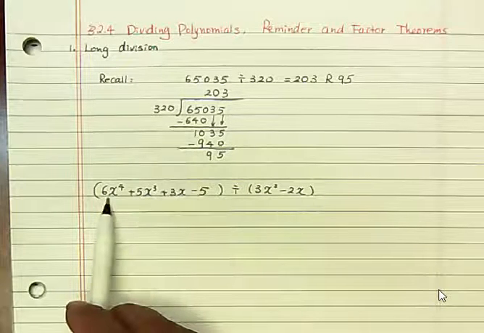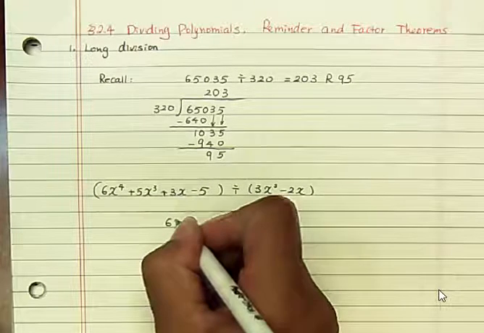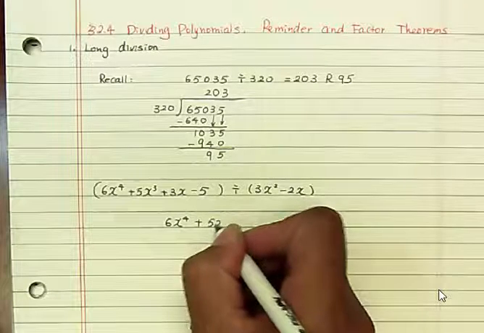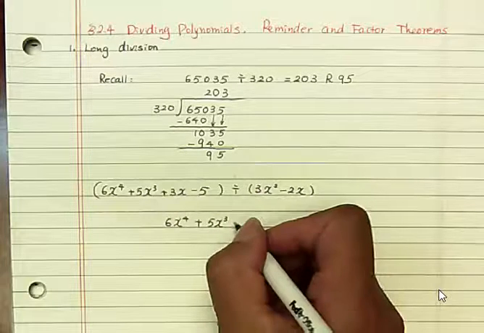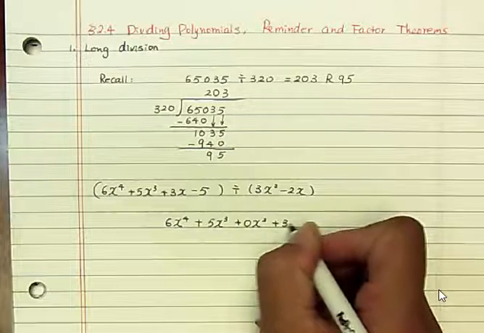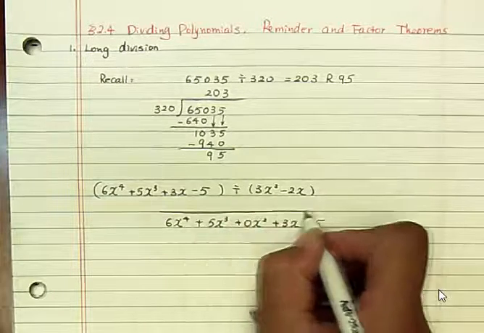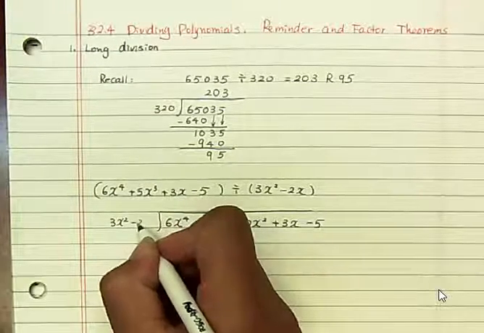You can relate that to 6x^4. So what we are going to do is put down the dividend inside the division box and keep the space. For instance, we have x cubed, but we don't have x squared. I'm going to put 0x squared, keep the space in here, plus 3x minus 5, and use that to divide by 3x squared minus 2x.